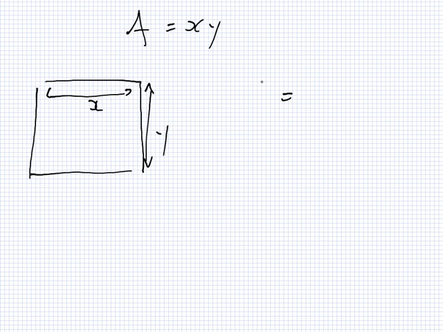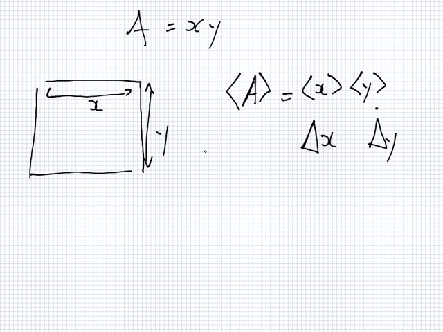What's the best value to use for the area? Well, you should use your average x multiplied by your average y. That makes sense, doesn't it? But now the big question is, if I know the uncertainty for x and the uncertainty for y, how uncertain am I about the area? So what do you think the formula is that combines these two together?